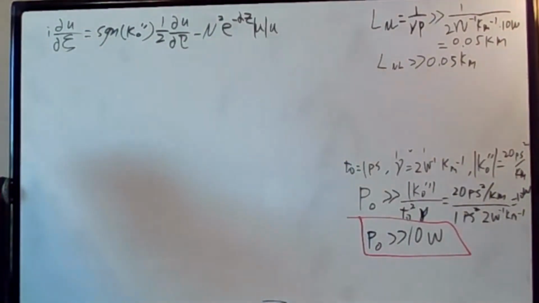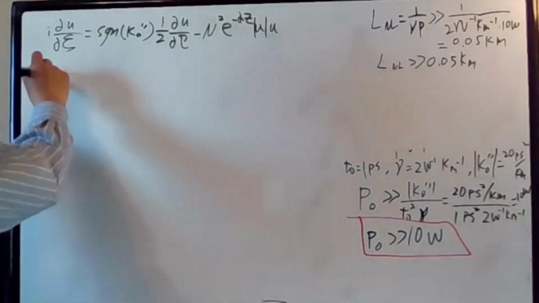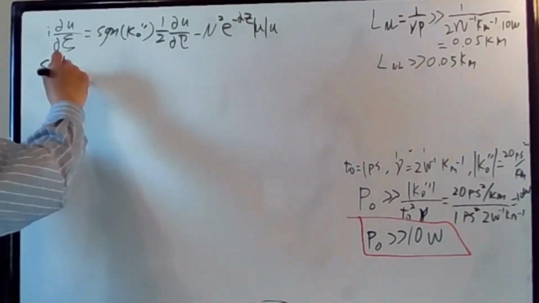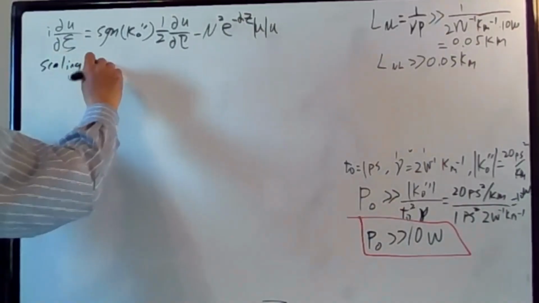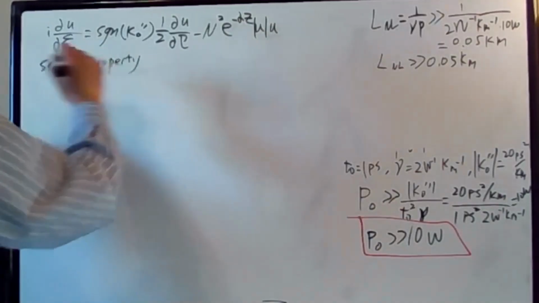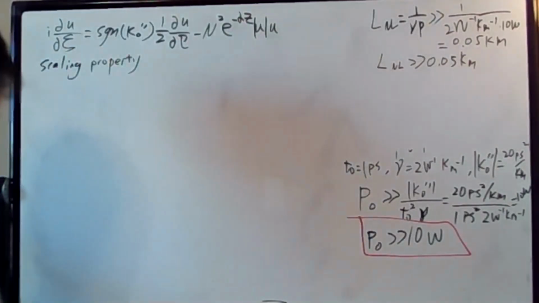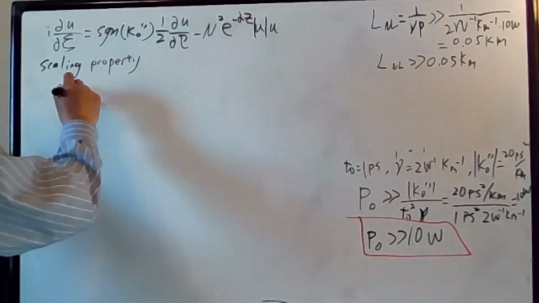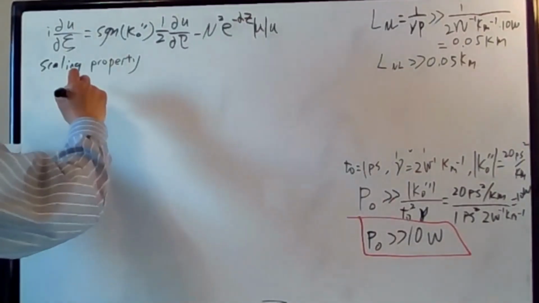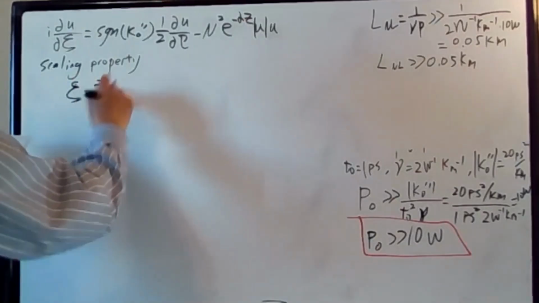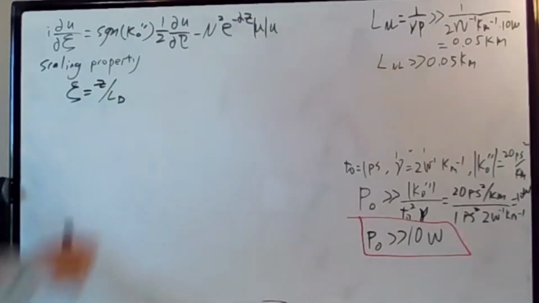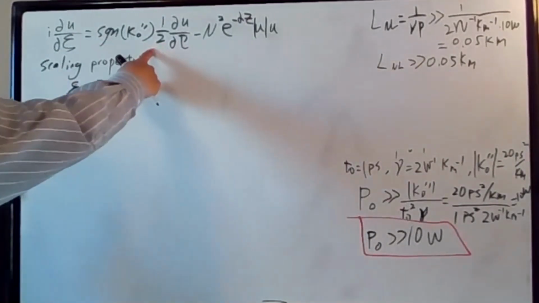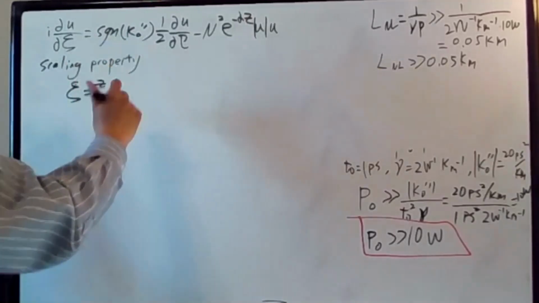So I use the scaling property. I just change the scale, right? Zeta is Z over LD. I normalize, it was an LD there, so divide by LD.